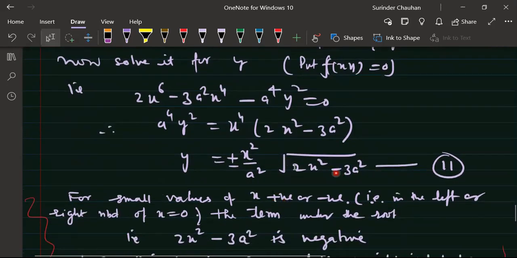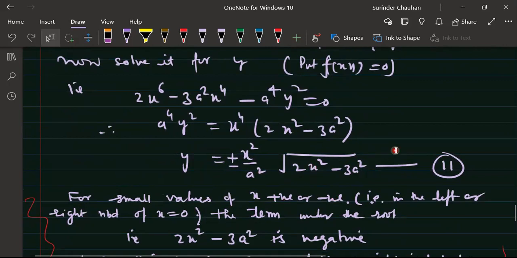Now this factor will decide whether, in the neighborhood of the origin, for small values of x, positive or negative, close to 0.